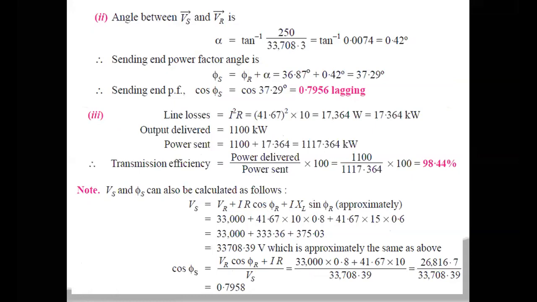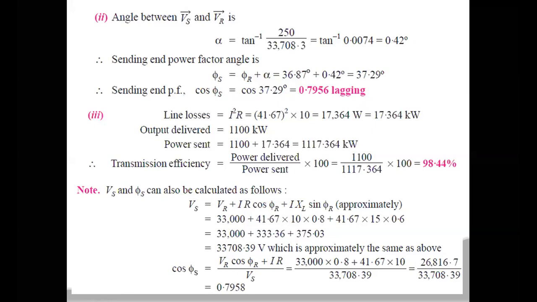So phi r will be 36.87 degrees. Phi s is 36.87 plus 0.42, so 37.29 degrees is your phi s. So the sending end power factor cos phi s is equal to cos of this angle. You are getting 0.7956 lagging.